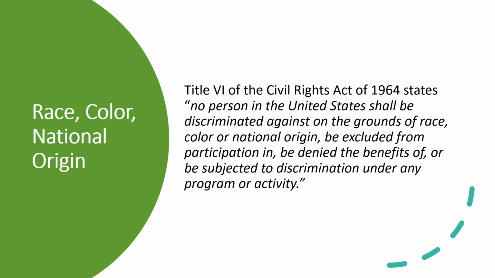In regard to national origin, an example is assuming that a student doesn't eat a particular food because of their national origin, such as assuming students of Middle Eastern descent do not eat pork. All customers need to be offered the same food choices. They have the option to choose what they want to eat.